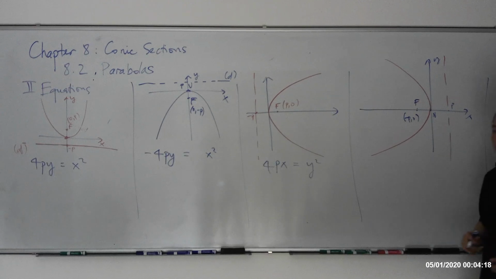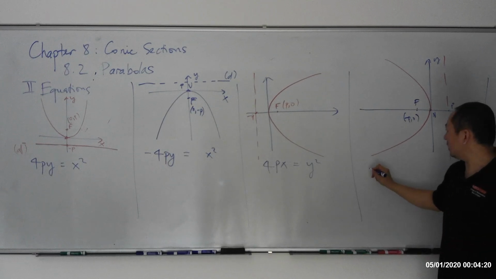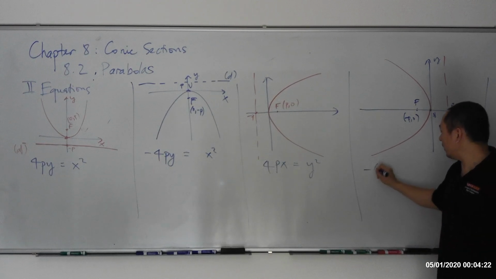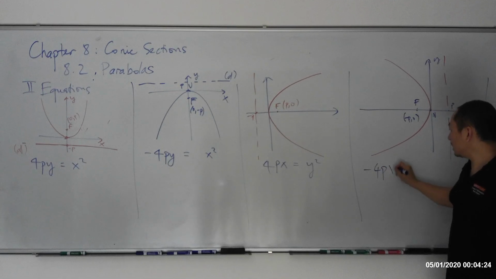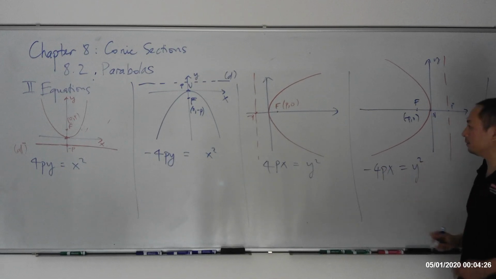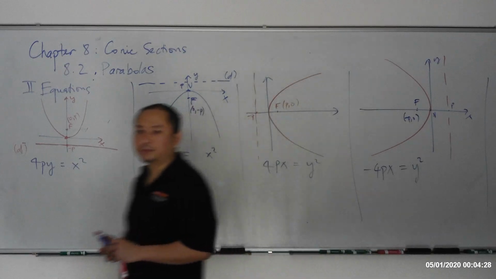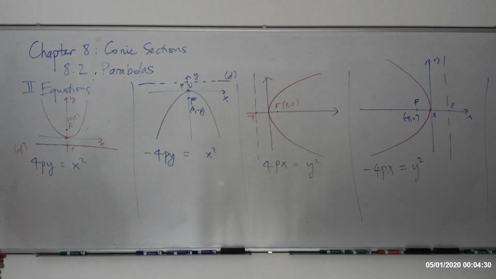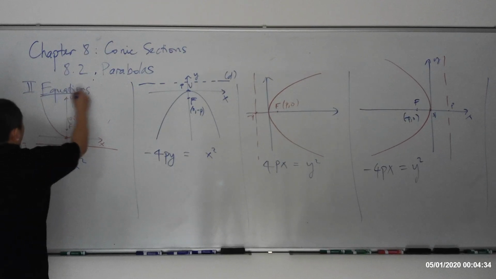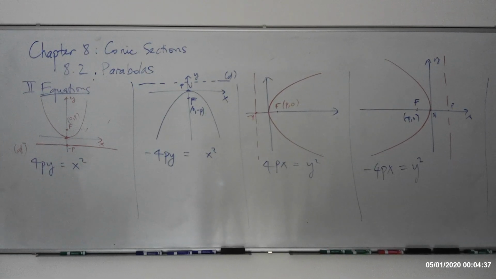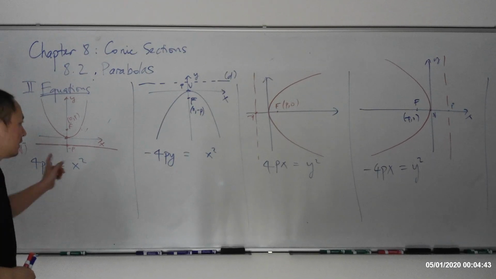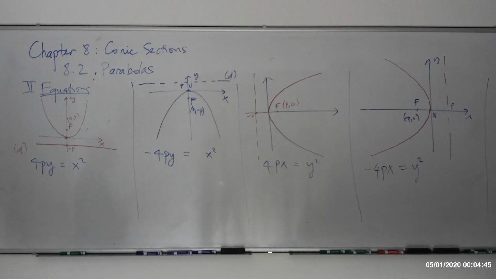And you can guess the equation for this one will be negative 4px equal to y squared. Those are the 4 basic equations for parabolas that you will be learning in this section. They have one point in common, the vertex. The vertex of all 4 parabolas is always at the origin.